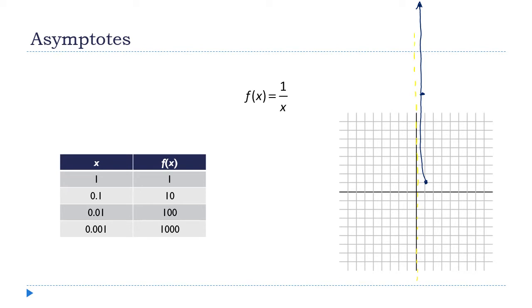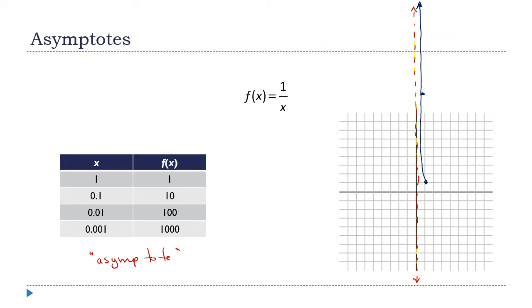Sorry, I meant to grab a darker color. There we go. That's better. There and there. And this line that the graph approaches but never actually touches, it has a name. It's called an asymptote. Spelled a little strange. It's got a P slipped in there.